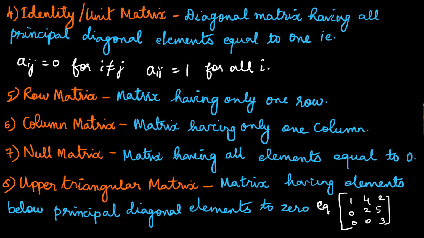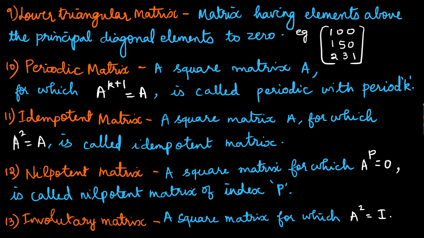Column matrix is a matrix having only one column. Null matrix is the matrix which has all elements equal to 0. And upper triangular matrix is the matrix whose elements below the principal diagonal elements are 0. And lower triangular matrix, as shown here, has elements above the principal diagonal equal to 0.